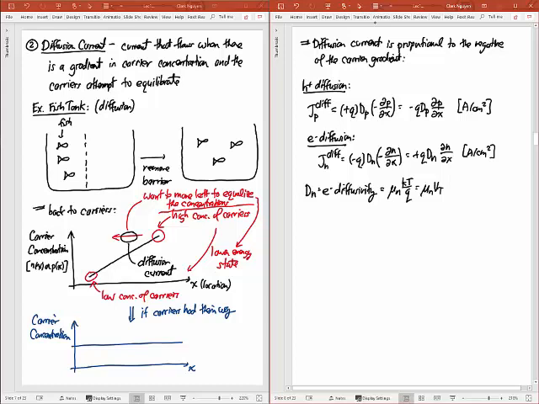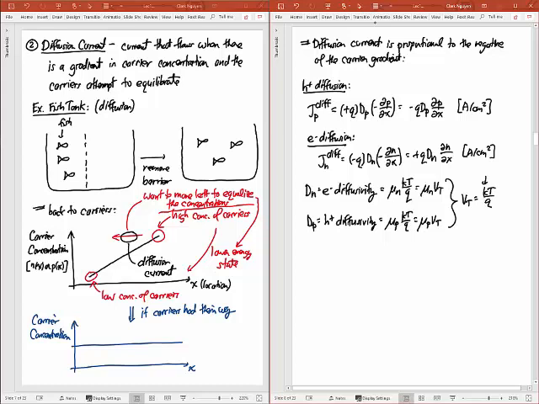It's equal to kT over Q. And so let me write out first the diffusivity for holes. So d sub P is the hole diffusivity. That's going to be mu P times kT over Q, or mu P times Vt. And so this whole thing means Vt is going to be equal to kT over Q.